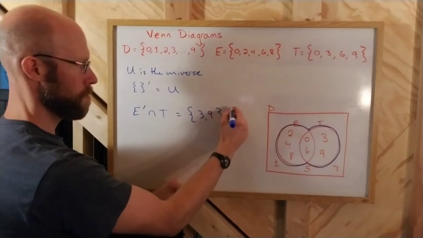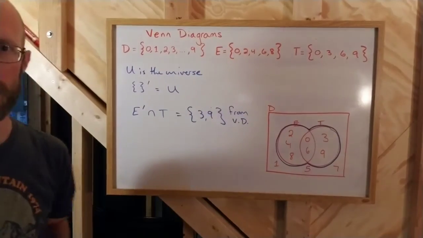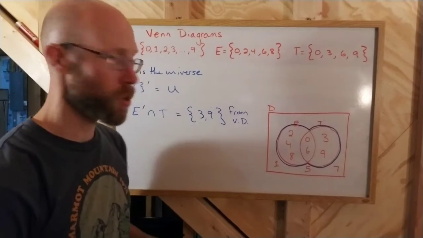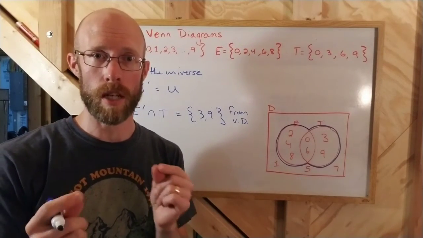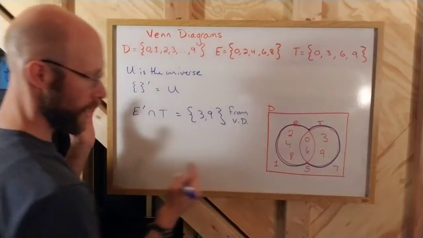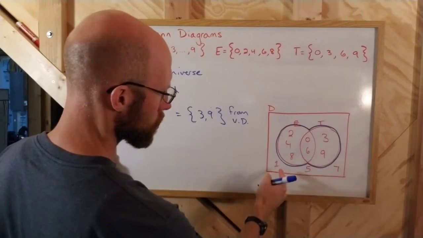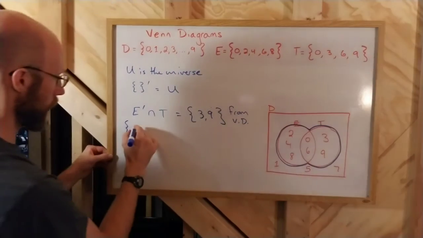Now that's from the Venn diagram. I'll abbreviate it VD there. So that's from the Venn diagram. Now you could also do this by listing out the sets in roster notation and looking at their overlap. So if I listed out E complement, I know E complement is going to include 1, 3, 5, 7, 9, right? It's all the odds.